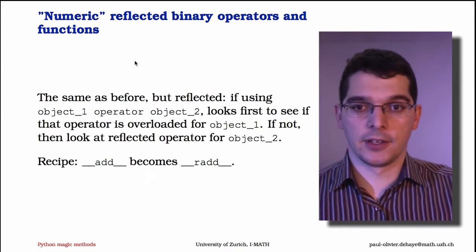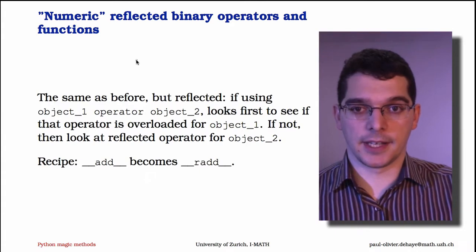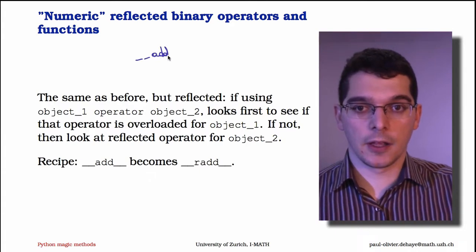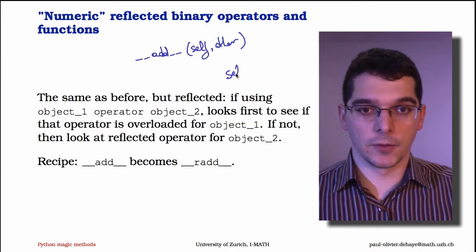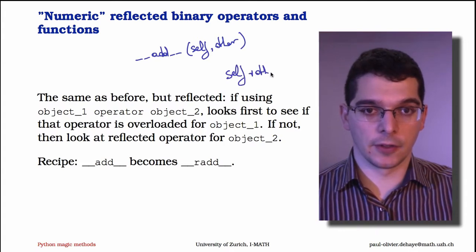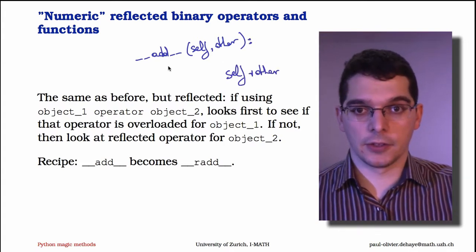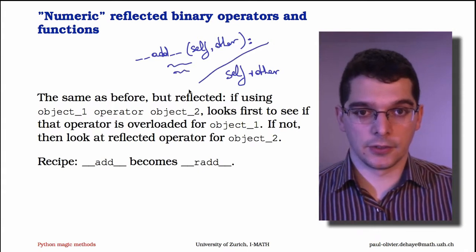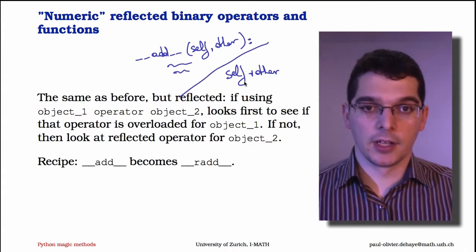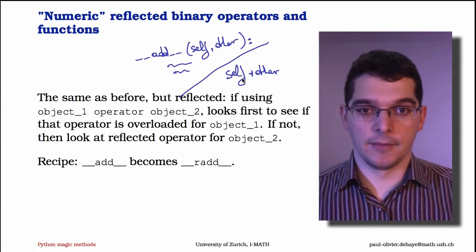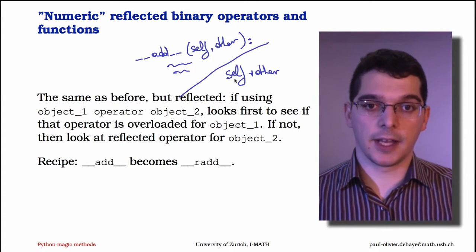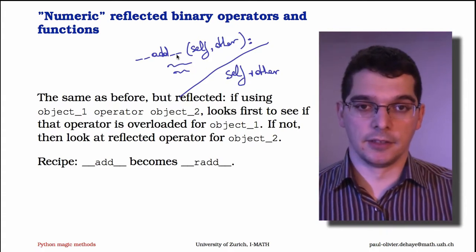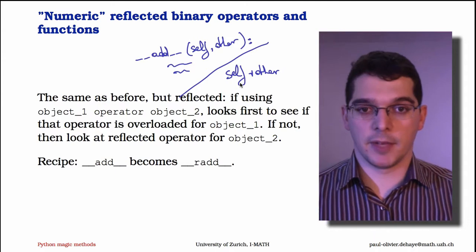Now, this was for binary operators one way. You define it for, let's say, add, with self and other, and later on this is used if you do self plus other in the code. So this is the function definition, and this is usage. Those are in different parts of the code. What Python does is figure out whether objects of the type of self have an __add__ method defined, and if they do, then they use that method.